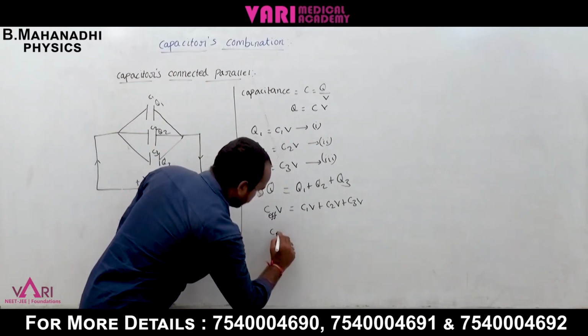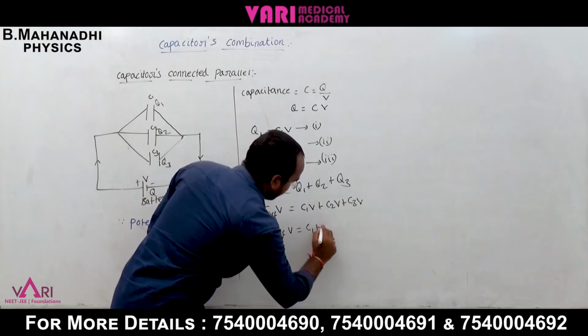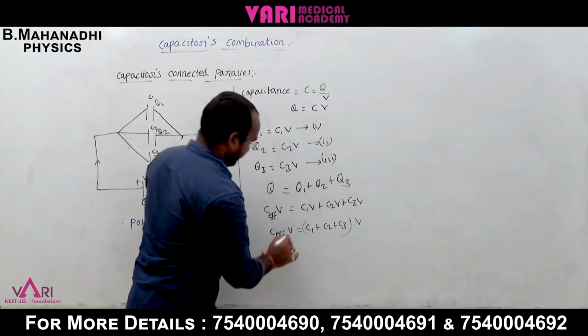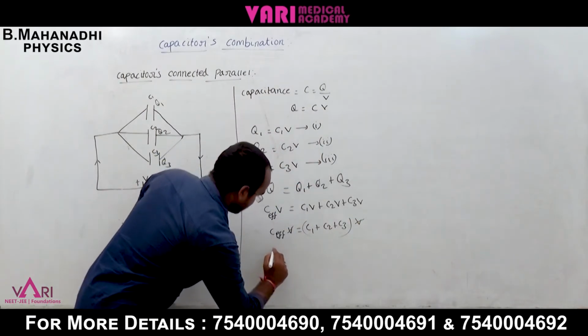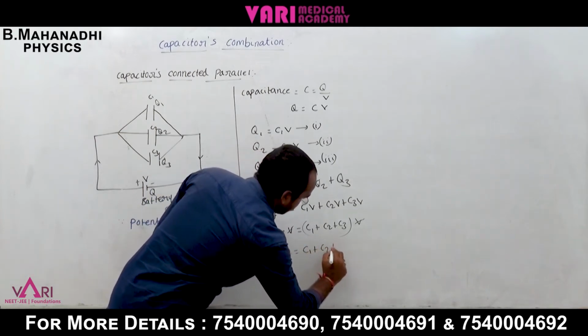C effective V is equal to C1 plus C2 plus C3 into V. V cancels. C effective is equal to C1 plus C2 plus C3.